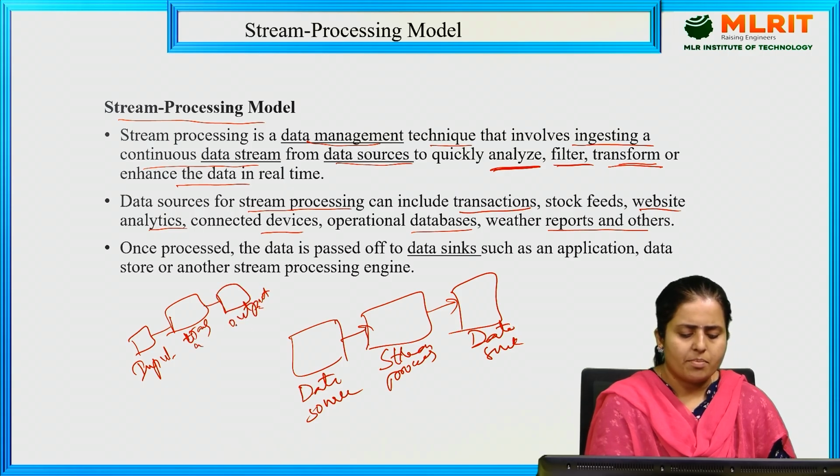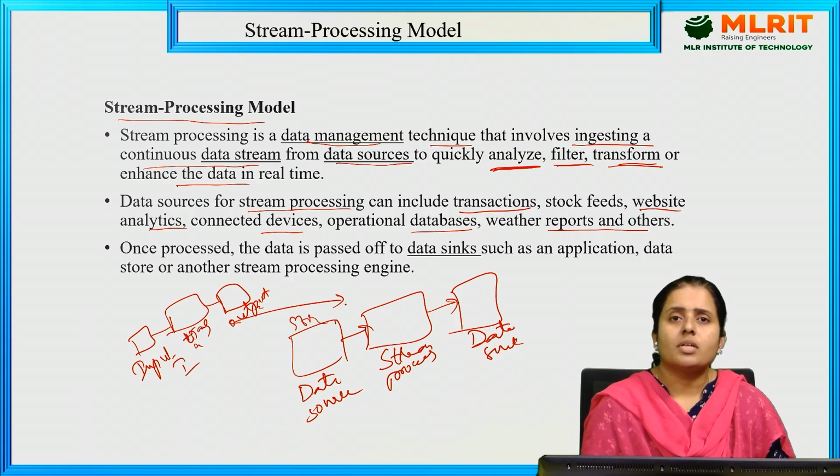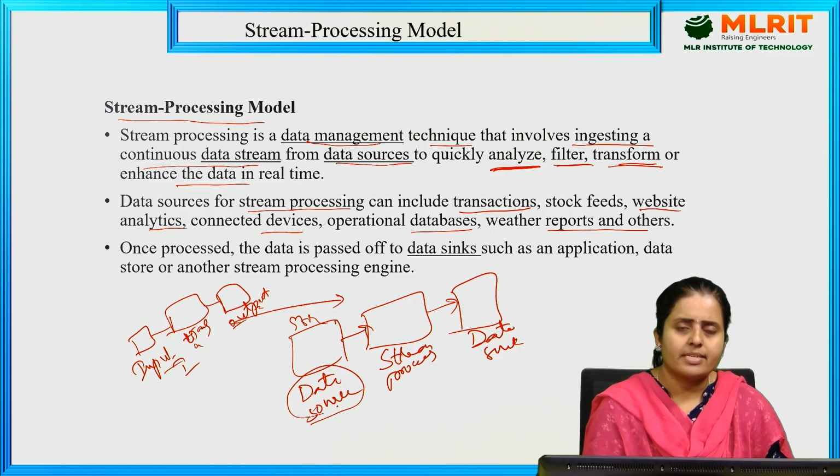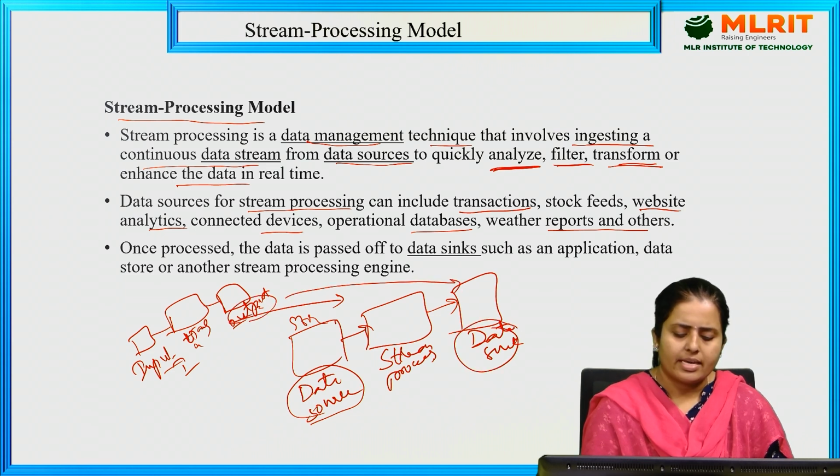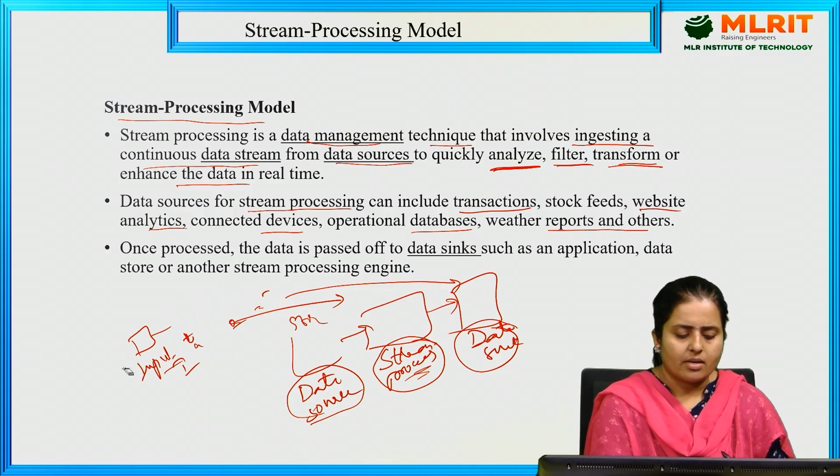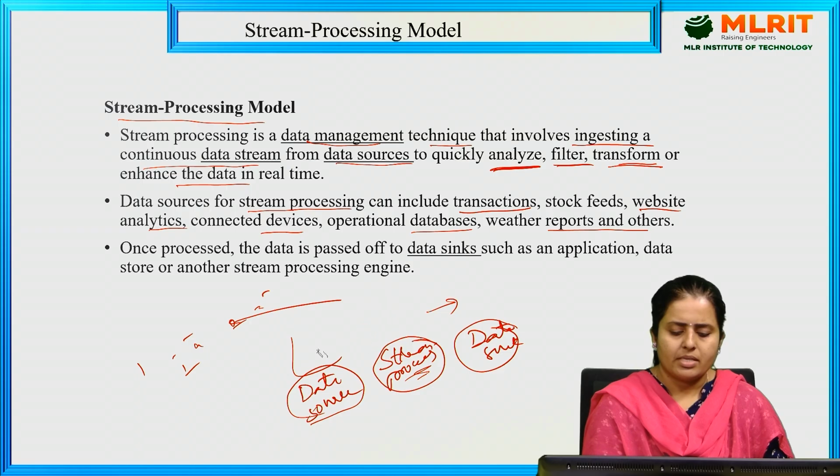If we compare this traditional processing with stream processing, both are similar, but the terminology changes for input and output. Here in stream processing, we call the input the data source and the output the data sink. In the middle, the stream processing engine works as a data analysis engine. So we can almost combine these two things.